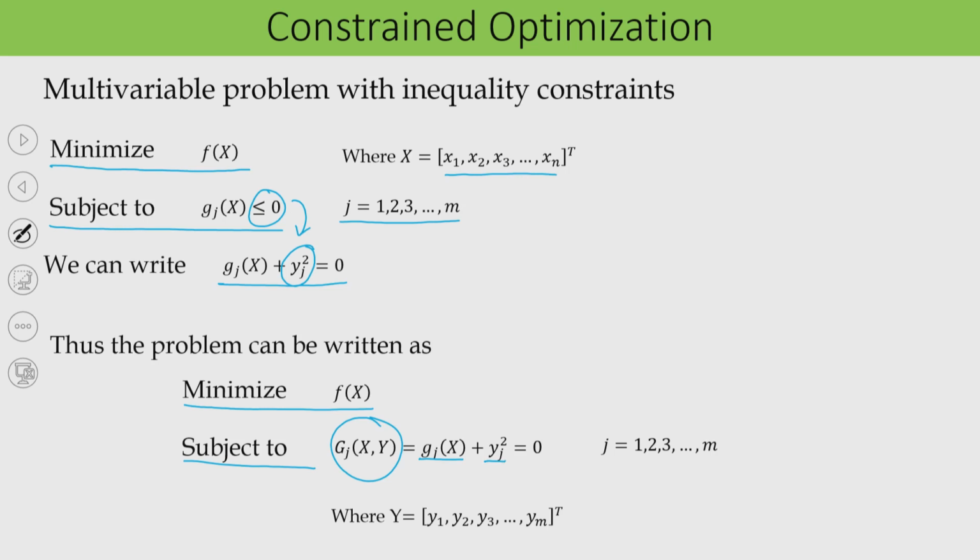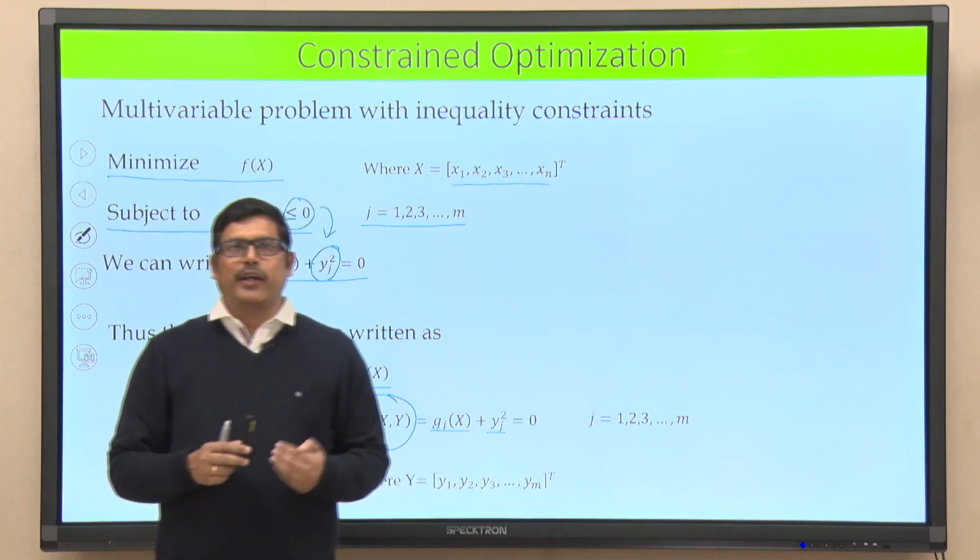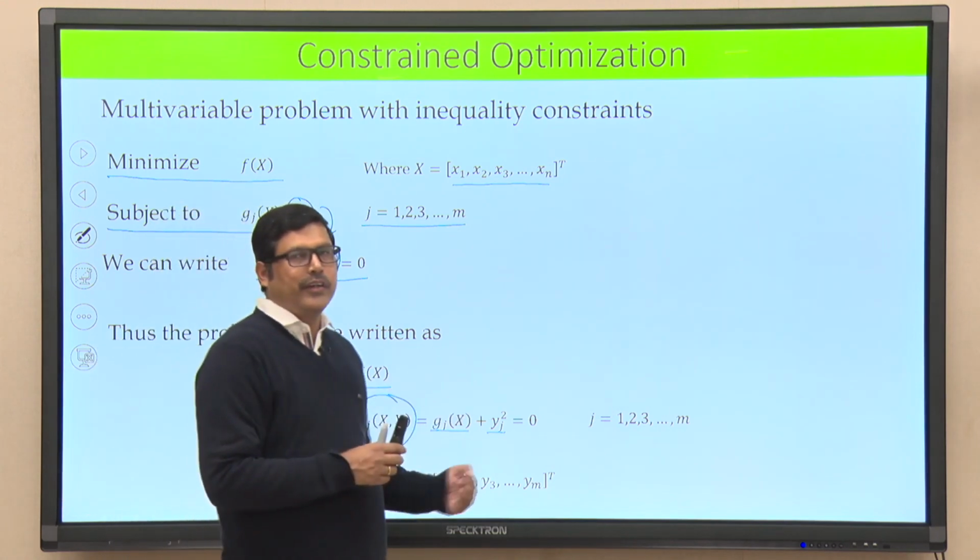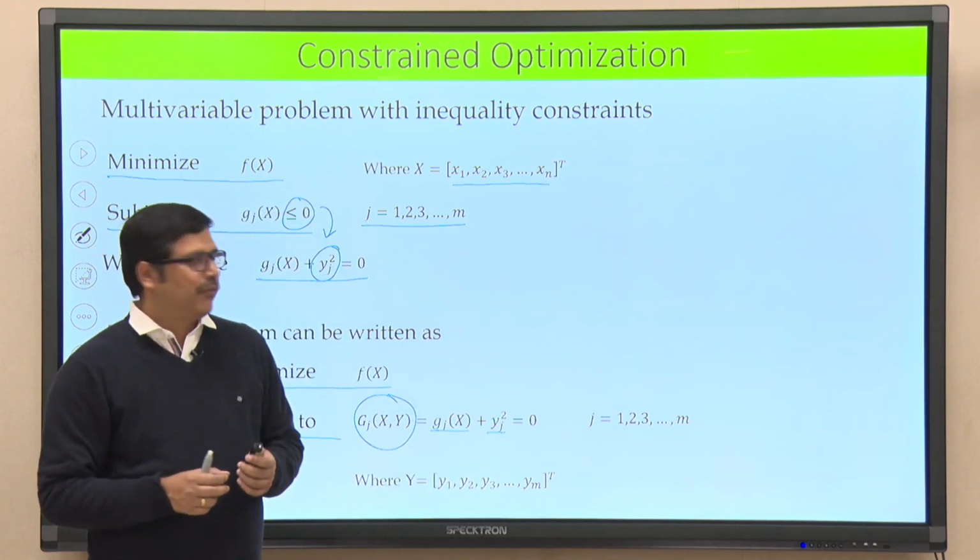So, we are converting this problem to an equality constraint type problem. Now I can apply the necessary condition of optimality in this particular problem, whatever we discussed in the last class.